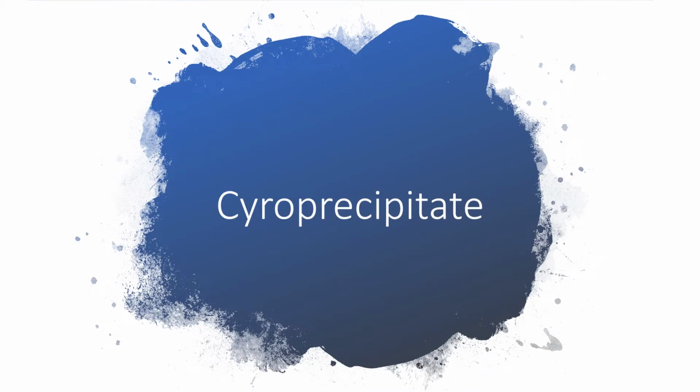Next is cryoprecipitate. Cryoprecipitate is prepared from slowly thawed frozen plasma that has been centrifuged to separate the insoluble cryoprecipitate from the plasma. The insoluble cryoprecipitate is refrozen, with the volume of each unit 5 to 15 ml. It also contains coagulation factors 8, 13, von Willebrand factor, and fibronectin.